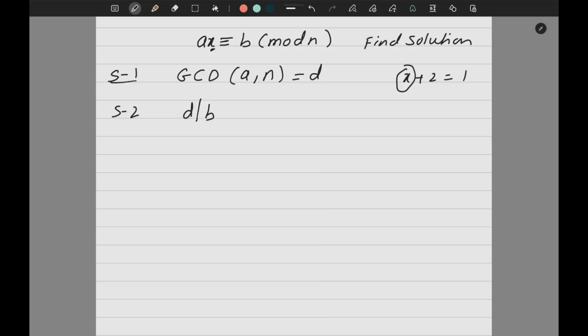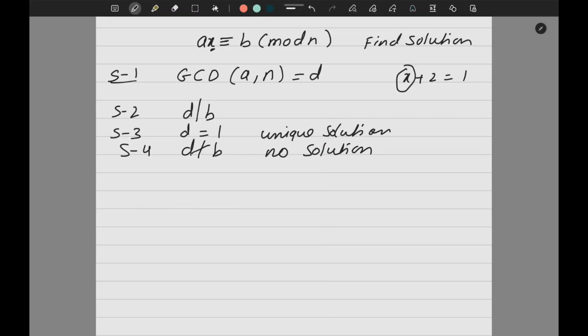If it divides, I'll get solutions. If d is equal to 1, in that case, you will have a unique solution. And if d is not dividing b, then I have no solution.